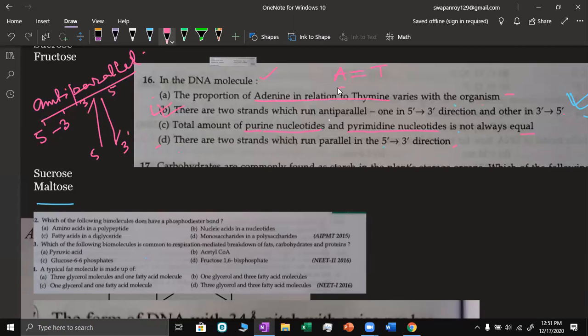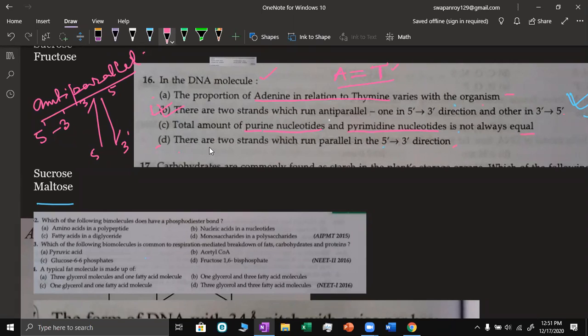So in a DNA molecule, the number of adenine molecules will be exactly the same as thymine molecules. Sometimes thymine is a little modified, and unusual modified bases are also found in its place, but adenine and thymine will always be equal in number.